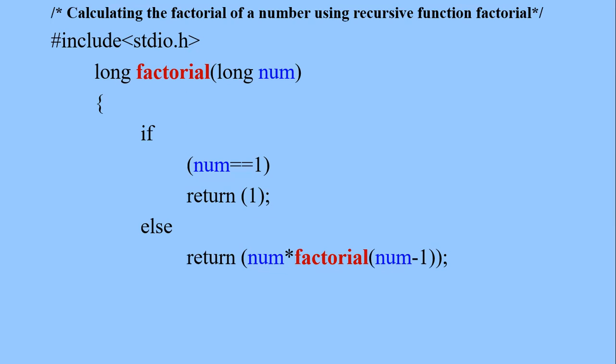So if you receive 10, it will be 10 times factorial of 10 minus 1. So it is 10 times factorial of 9. And that will continue. The parameter for factorial will now be 9. Next round, it will be 9 minus 1.